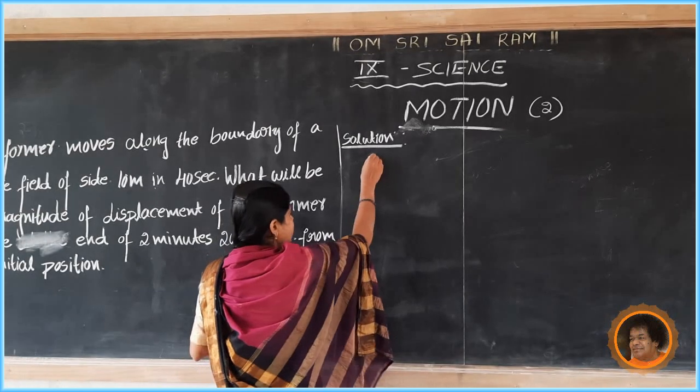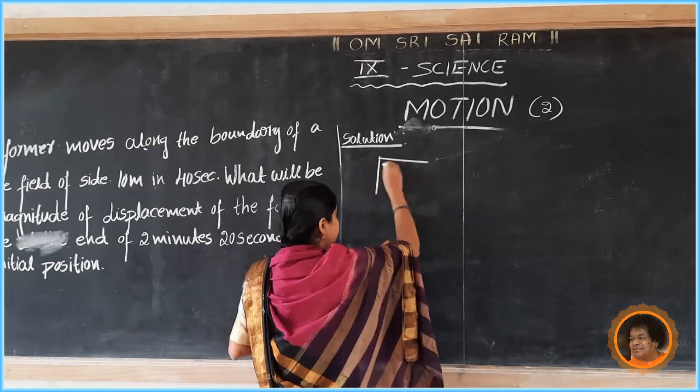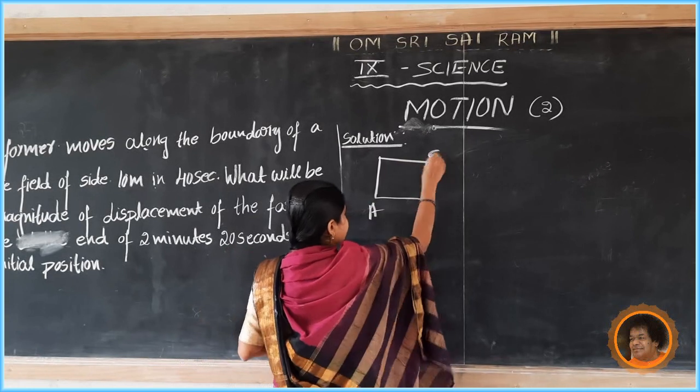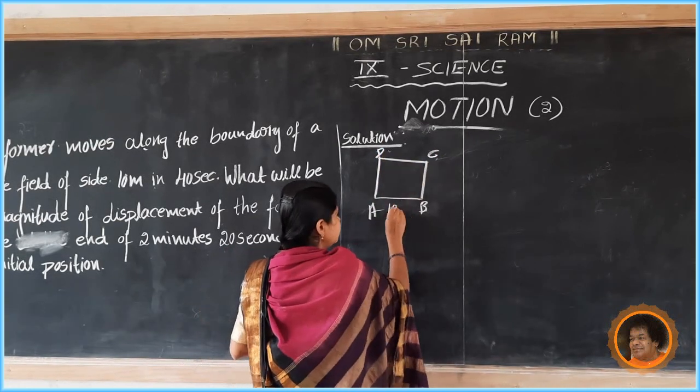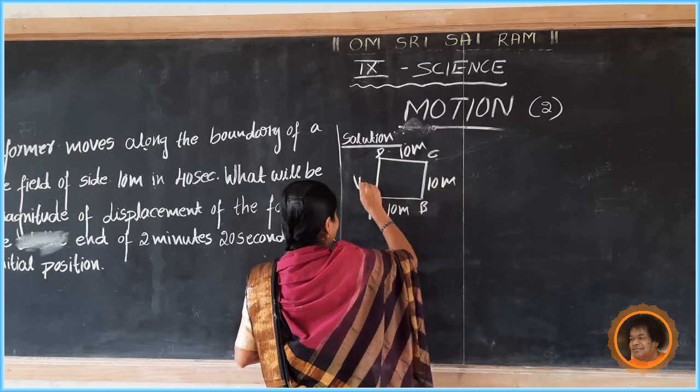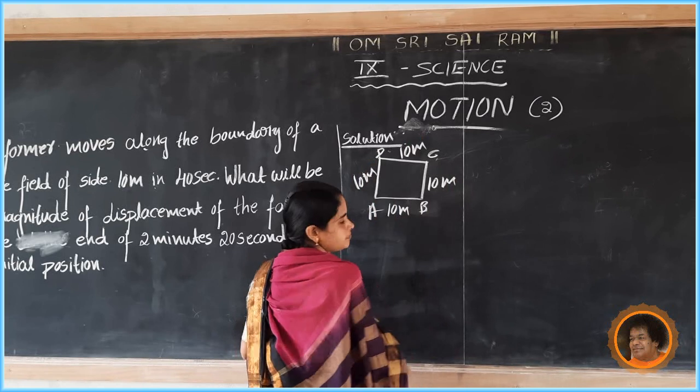Here first draw one square ABCD, and the length of AB, each side, is 10 meter.